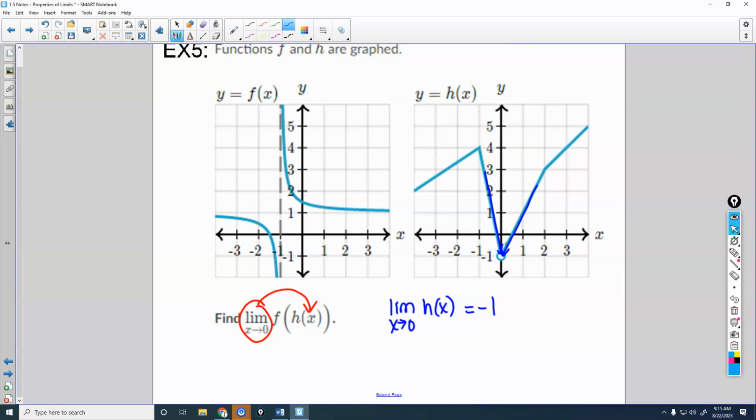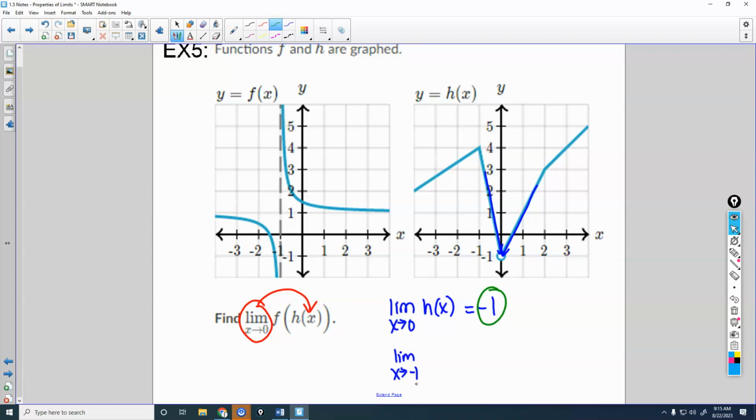So all of our y values here are becoming our x values over here, right? So this is a y value for h, but when we do the f portion, it's going to be our x values. And those values are not approaching from above and below -1, right?